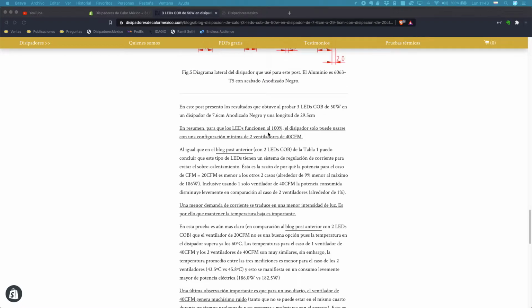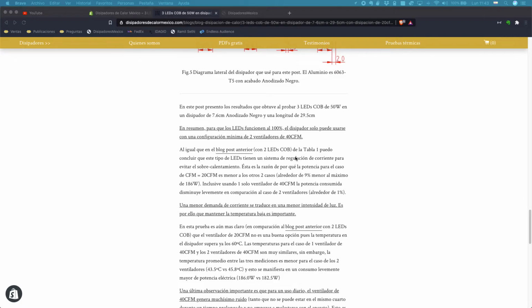In a short sentence, I can say that for this configuration, the only possible fan configuration that can be used to achieve the optimal output is using 2 40 CFM fans.